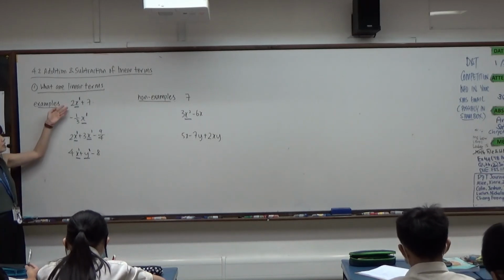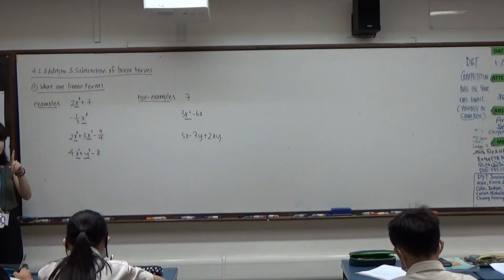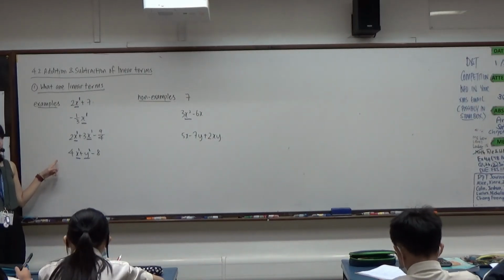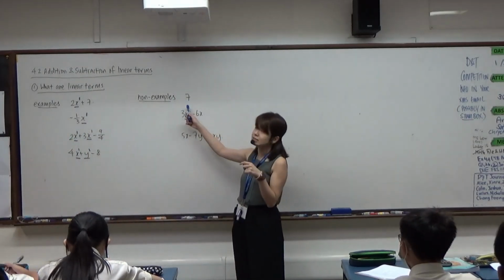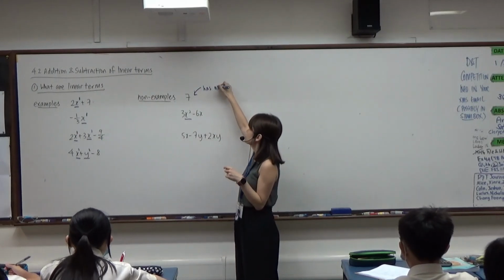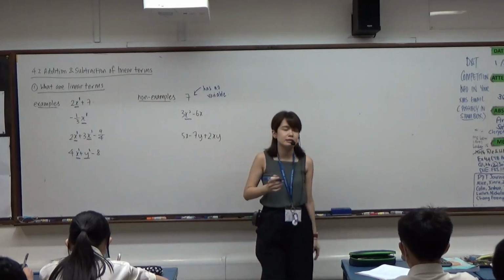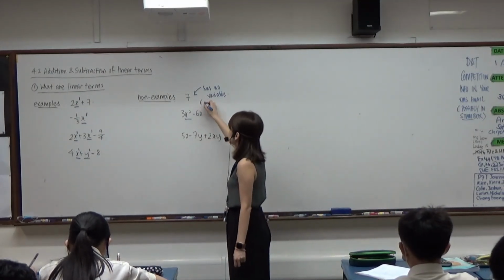So all the power for my algebra needs to be power of 1 for us to consider it to be linear. Whereas over here, our non-example, this one has no variable. Because there is no variable, it cannot be considered as linear. In fact, we call it a constant term.